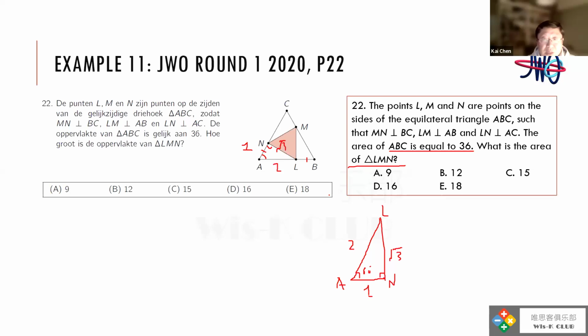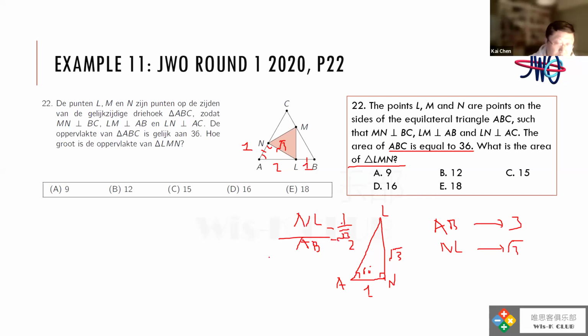Okay, so then we know AB now. BL is also 1 portion, so AB is actually 3 portions, and NL is like the √3 portions. So then we get NL over AB, the ratio of the sides, which is 1 over √3.